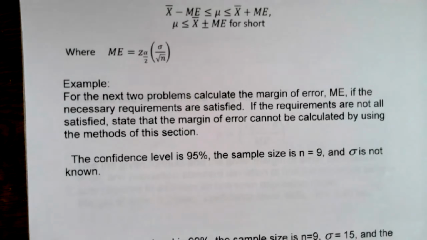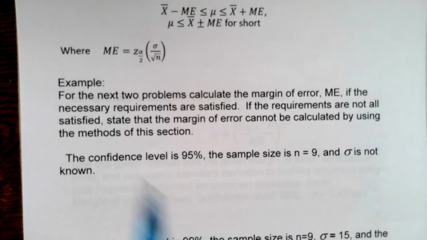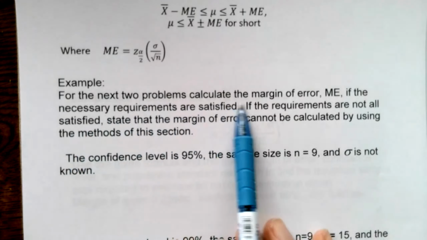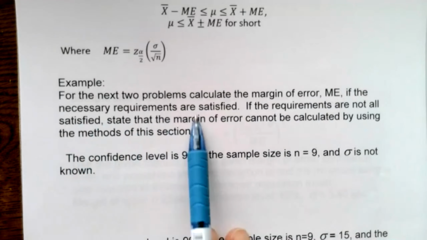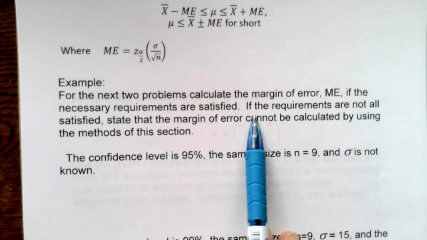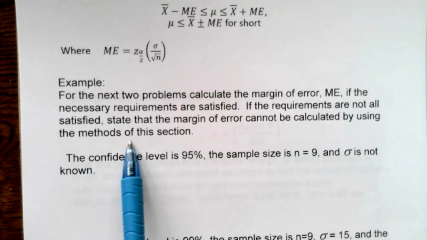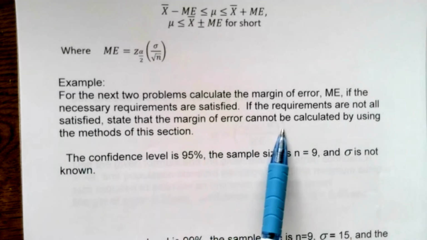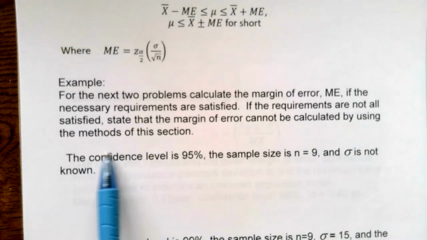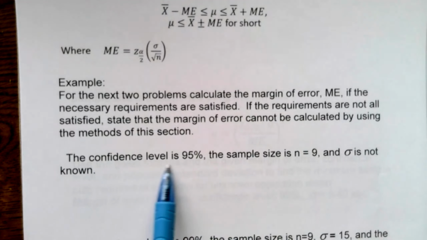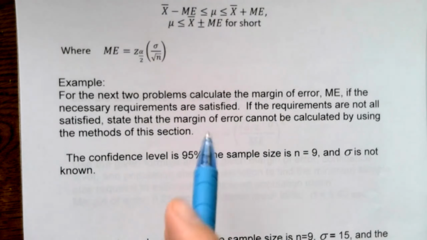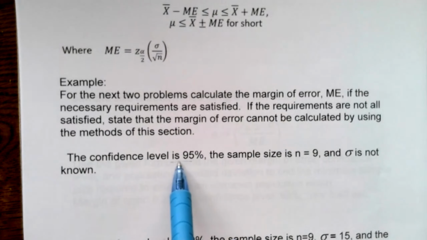So let's put to practice what we just discussed. It says, for the next two problems, calculate the margin of error if the necessary requirements are satisfied. If the requirements are not all satisfied, state that the margin of error cannot be calculated by using the methods of this section. So we're looking at a confidence level of 95%.